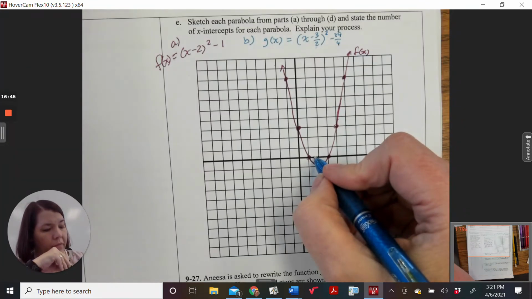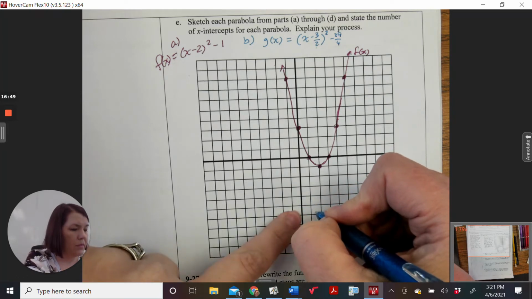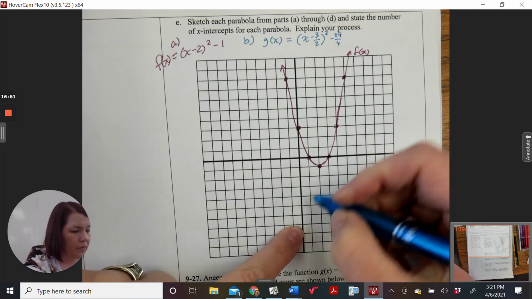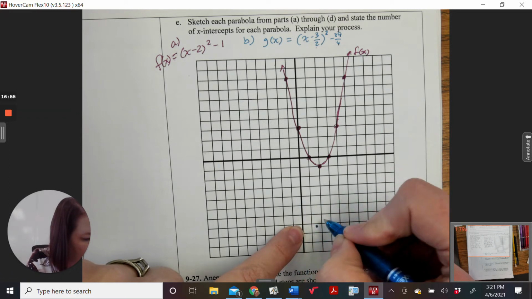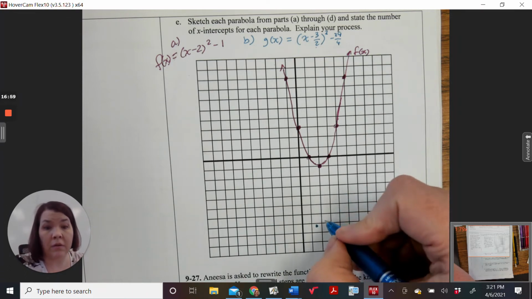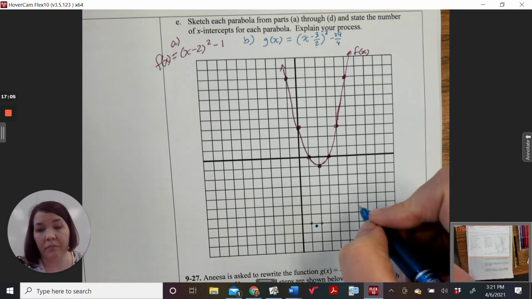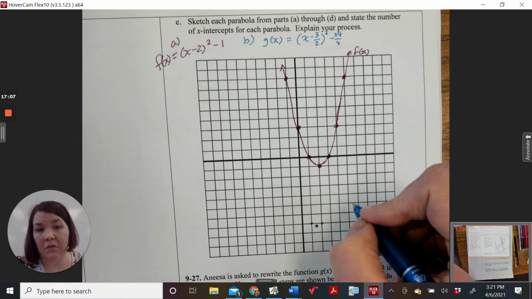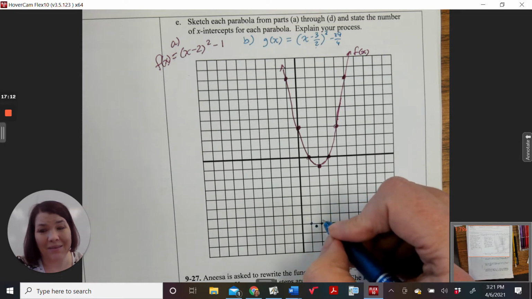So 1.5 and 7, 6, 7 and a quarter. So this one's actually really hard to do with the pattern. The pattern falls apart because my vertex is not nice. But I'm going to give you a hint that goes through those 2 points, almost without fail. 2 points right next to it. And then it gets a little bit funky.